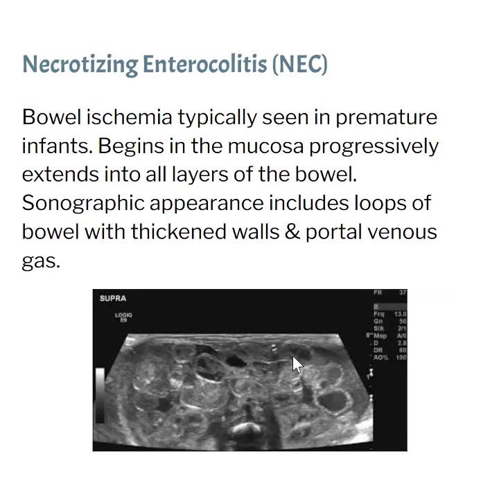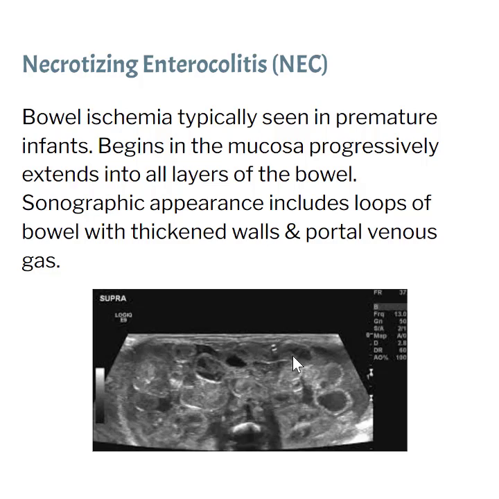And lastly, another gastrointestinal pathology that we can evaluate with ultrasound is something called necrotizing enterocolitis, or NEC, N-E-C. With NEC, basically what happens is that blood to the bowel somehow gets obstructed or interrupted, and that causes ischemia. The bowel then starts to die, and this is very common in premature babies.